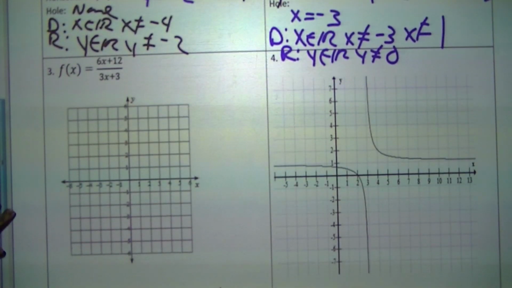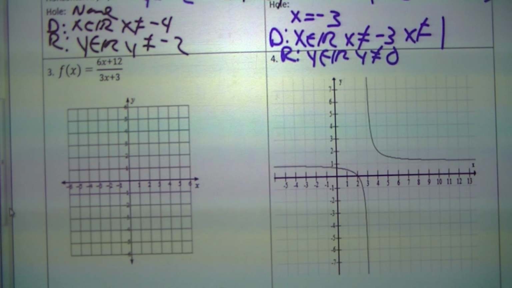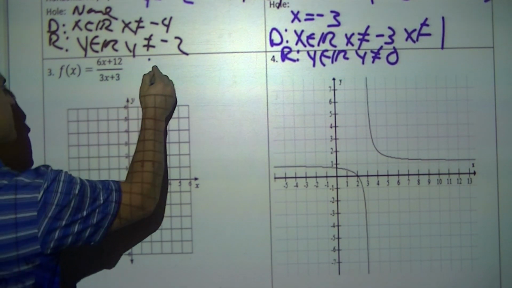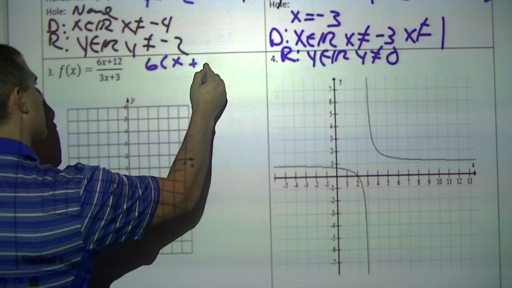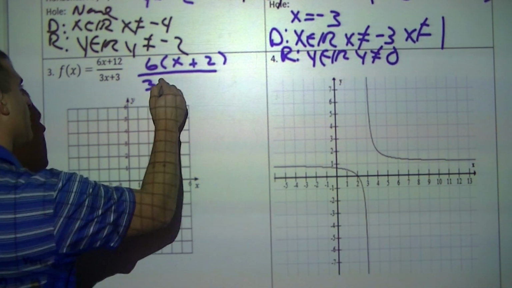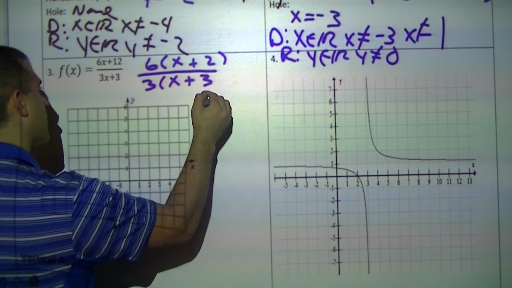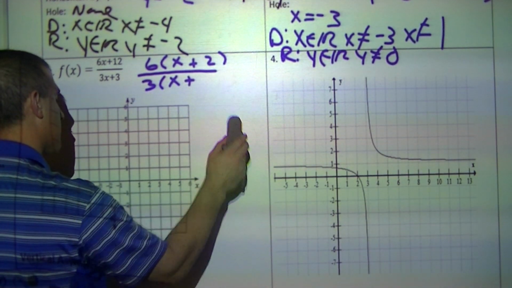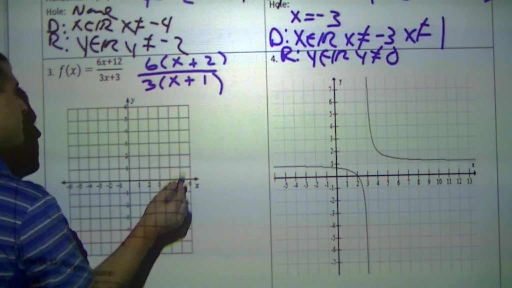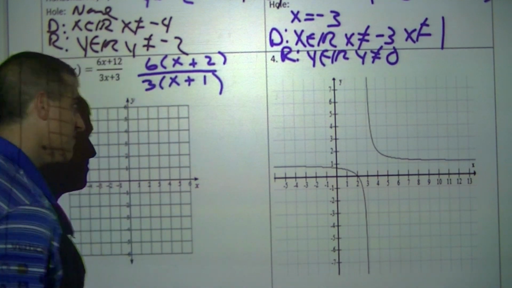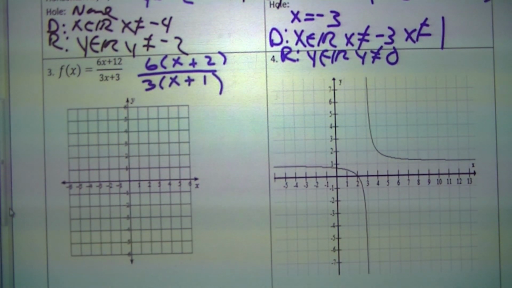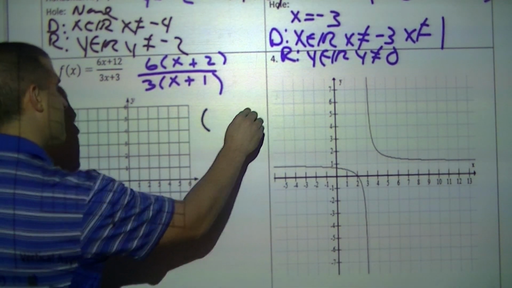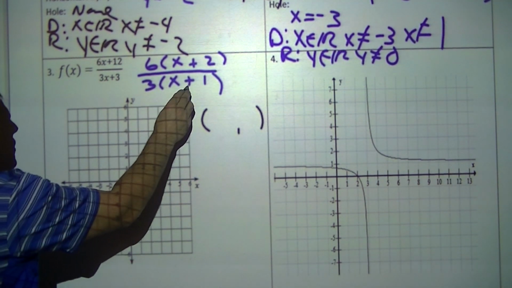Moving down to number 3. What you have to do first in number 3 is take out the 6 and the 3. All right. So to find my asymptotes here, I find the anchor point. The way I do this is I solve this.